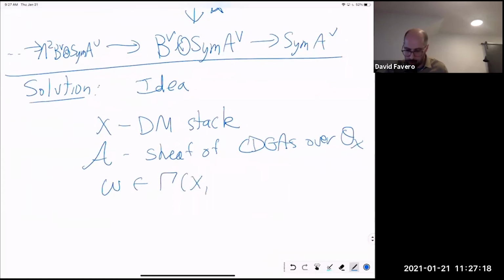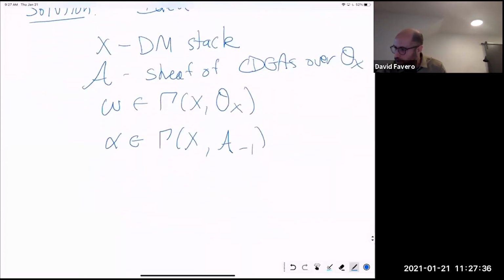And alpha is a degree minus one element of the sheaf of algebras. This sheaf of CDGAs has differential D, or you could just talk about a CDGA. You don't have to talk about sheaf language for this.